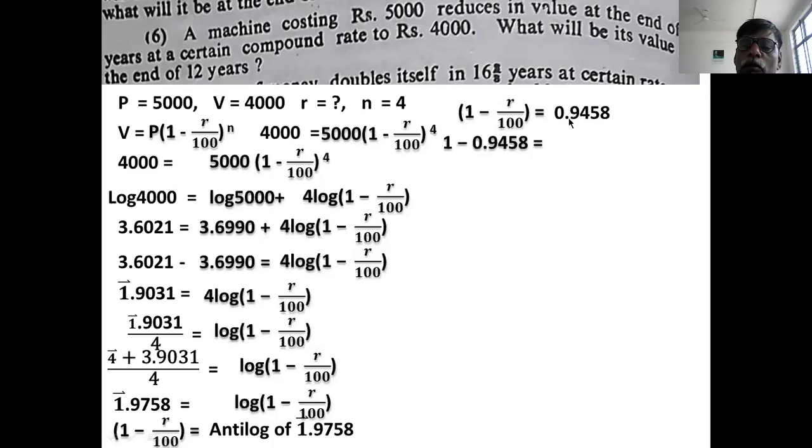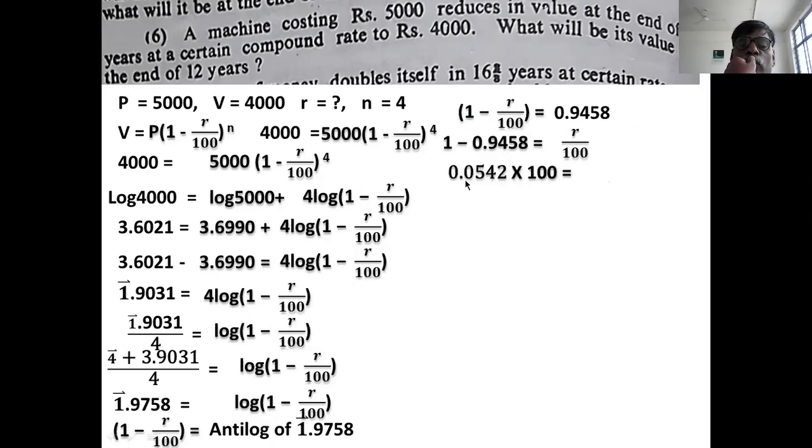And the characteristic is bar 1, so you give a point after the 0. Okay. So you take this 0.9458 to the left hand side and take the minus factor to that side, r by 100. You see how I interchange. This value is taken to this side and this value is taken to that side. This is the way.